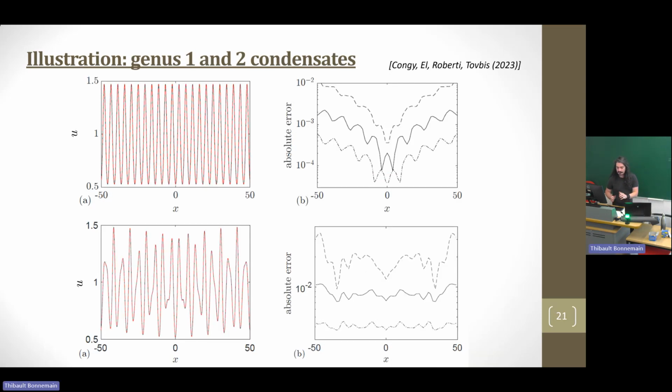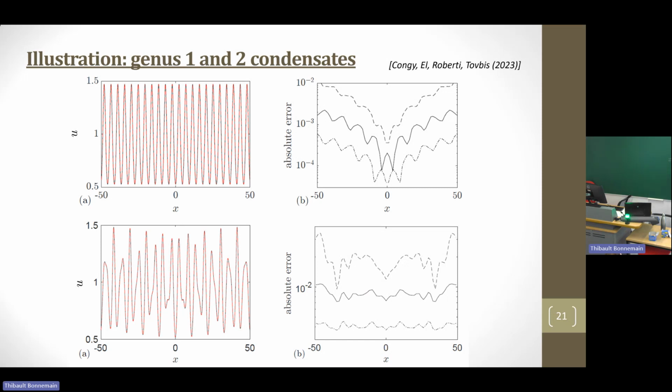So when people started to look at genus 1 condensate, and they realized soliton solutions by distributing them according to the genus 1 condensate density of states, they found out something that looked similar.